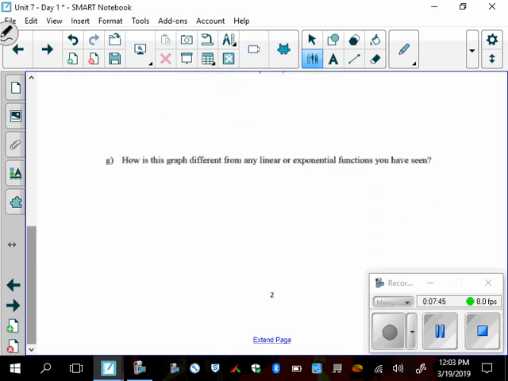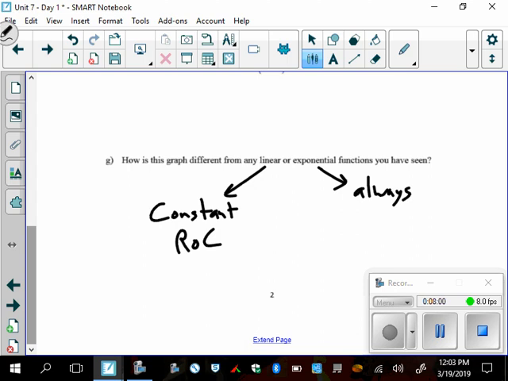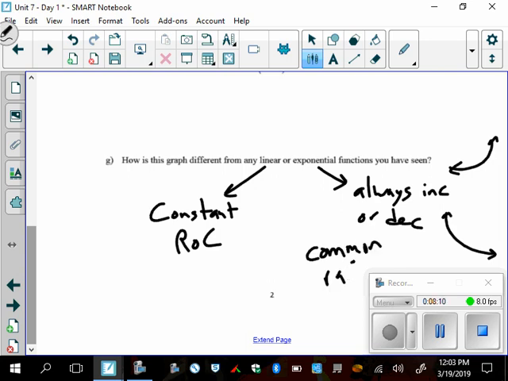Okay, and how is this different from linear? Linear had a constant rate of change. How was it different from exponential? This was always increasing, which is exponential growth, or decreasing, which is exponential decay, and that one had a common ratio.